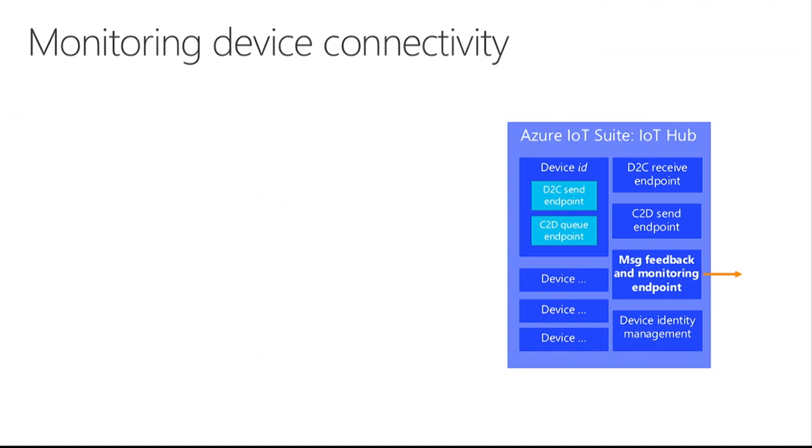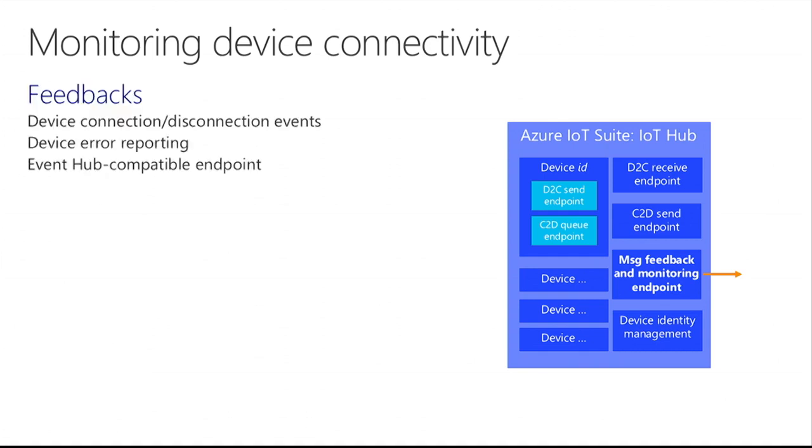In this case, anything that is affecting the device connectivity is a blocking error. For this reason, IoT Hub does expose a specific endpoint to relay to the backend all the things that it knows regarding connectivity, not only successful cases, but also error conditions.